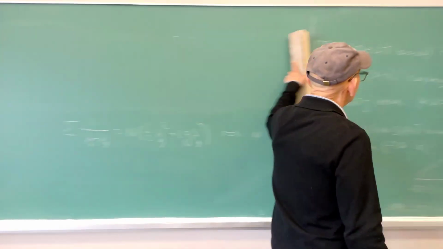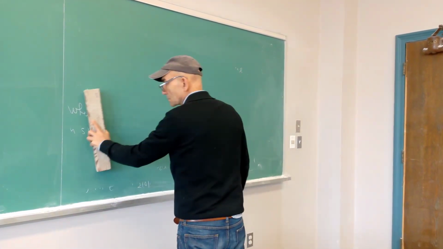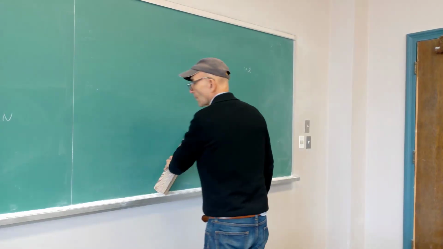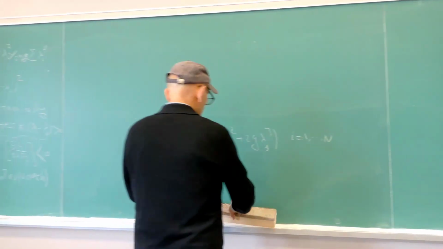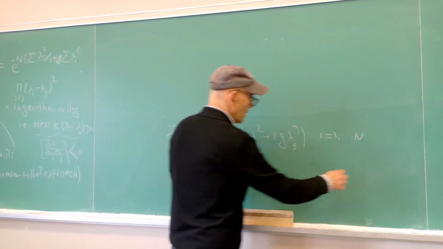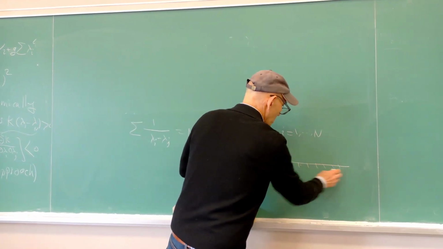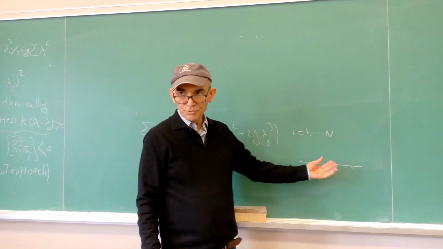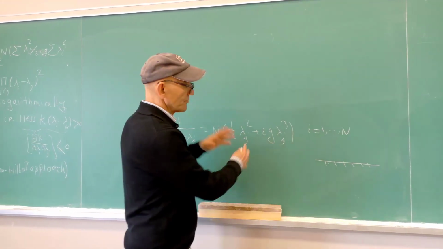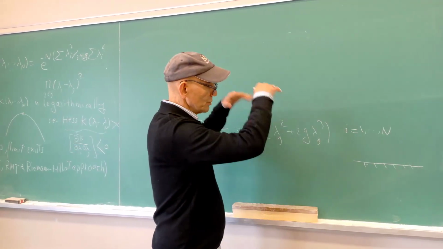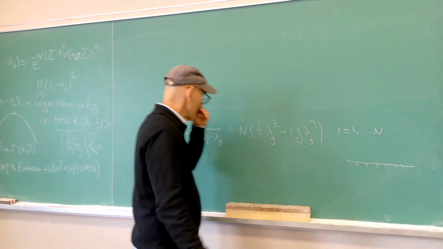These lambdas are points that are distributed according to some distribution for each finite n. But as n goes to infinity, this converges to that continuous distribution.